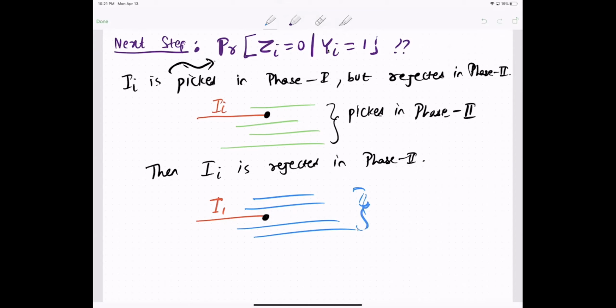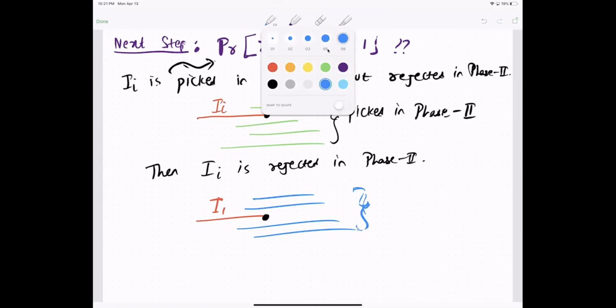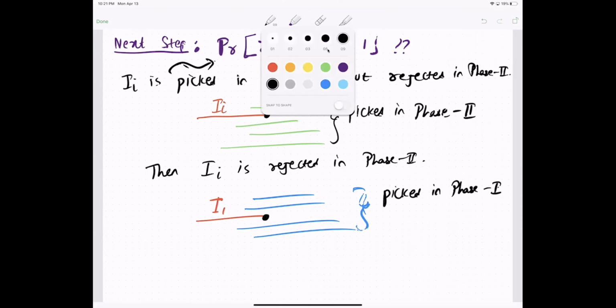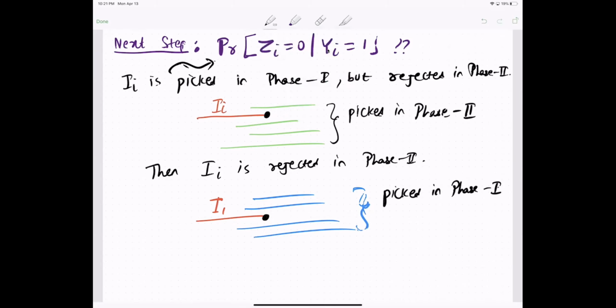So now I'm saying these are intervals which were picked in phase 1, right? So then, we'll give these a special term. We'll call them Ai, right?